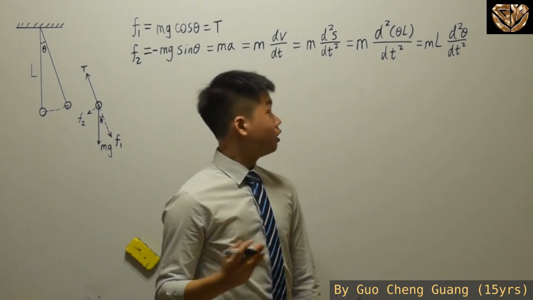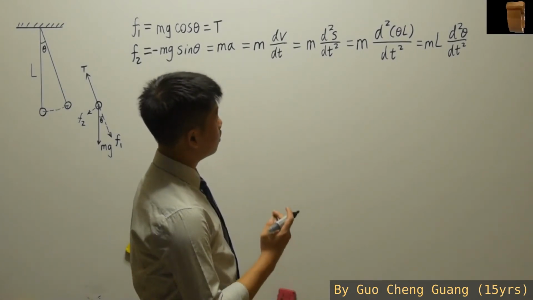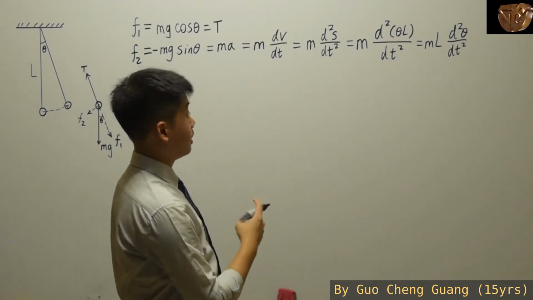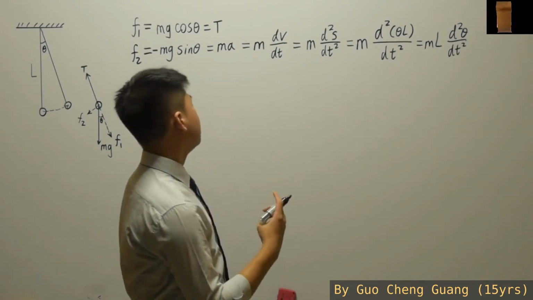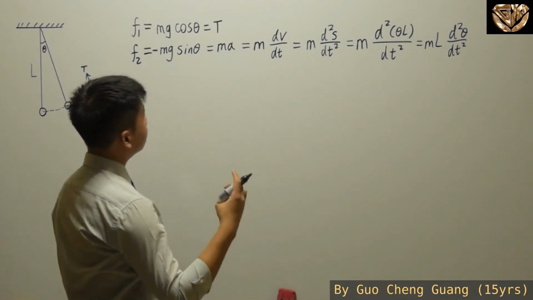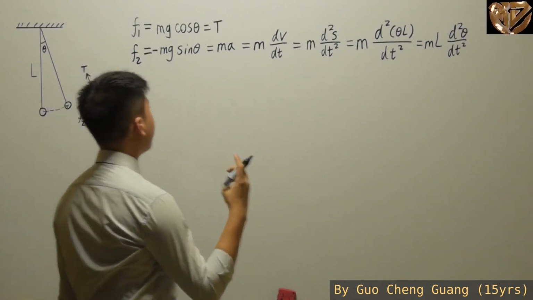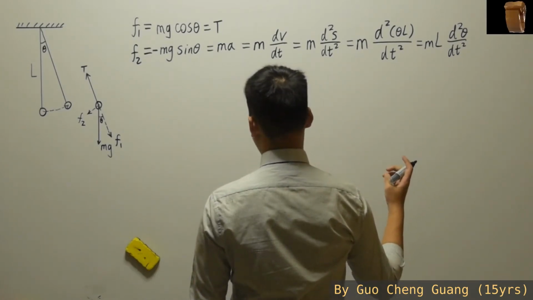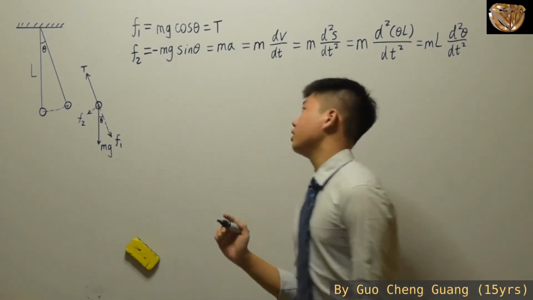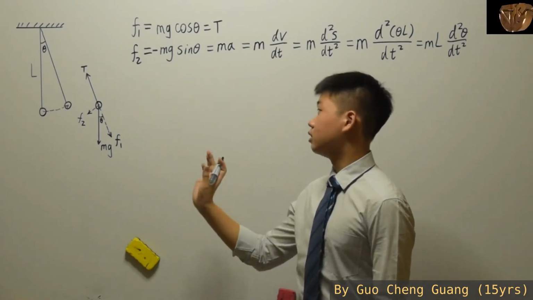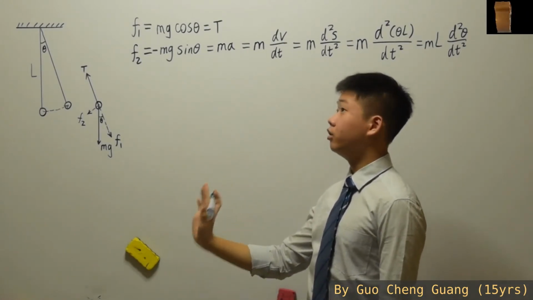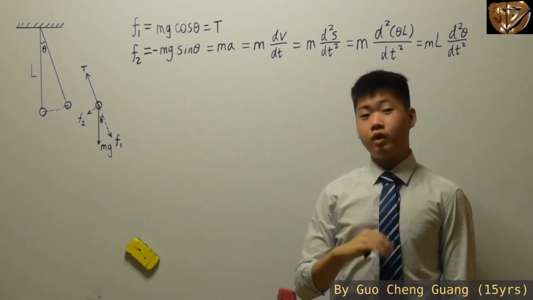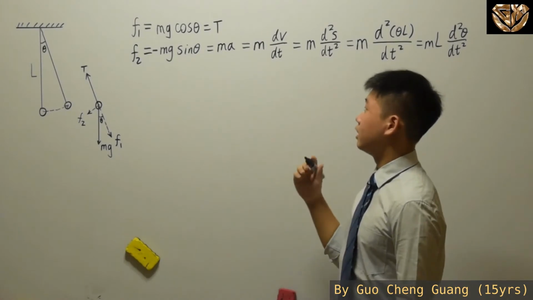Alright? So what would be so special in this case here? Now you have m multiplied by L multiplied by angular acceleration. Originally you might think, since this is moving in a circular motion direction, that what I said just now was not exactly right.